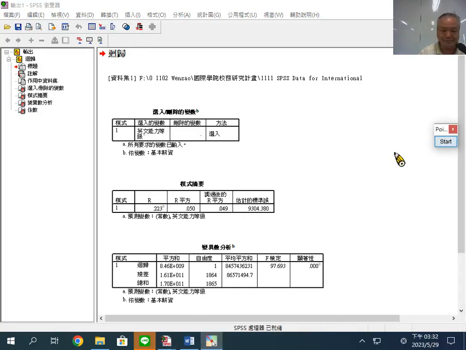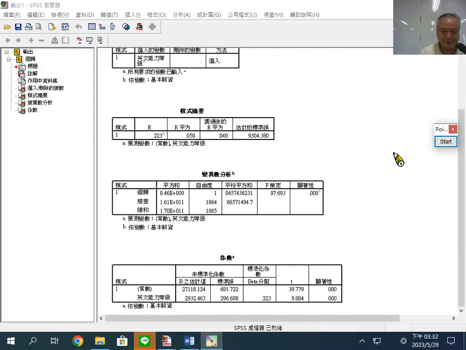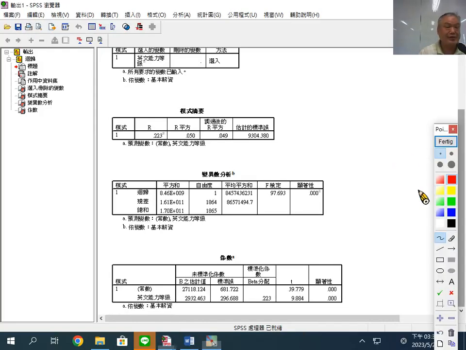Basically, it's over here. We need to know this R square, the number here. And also the degrees of freedom and the significance level. This is the F value, based on degrees of freedom of 1 and 1864. And the probability for this one is almost 0, okay?